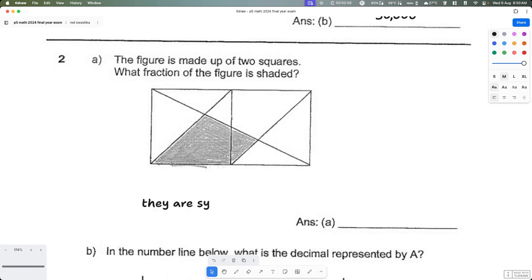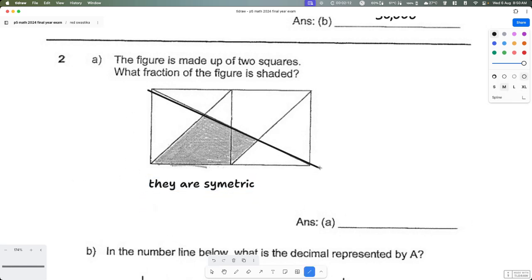So they are symmetric. In this case, this is half over here. So I'm going to put a red line over here, and they are symmetric, and then these two lines are the same as well. So one, I'm going to put in green, and also another one, two over here as well, like this.